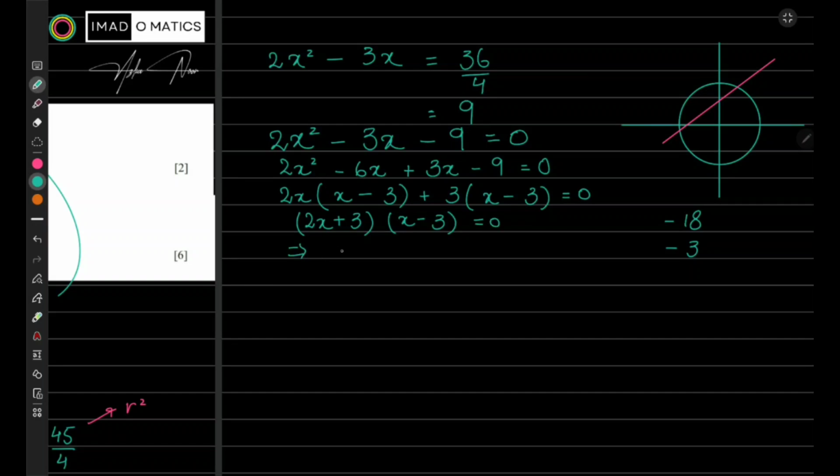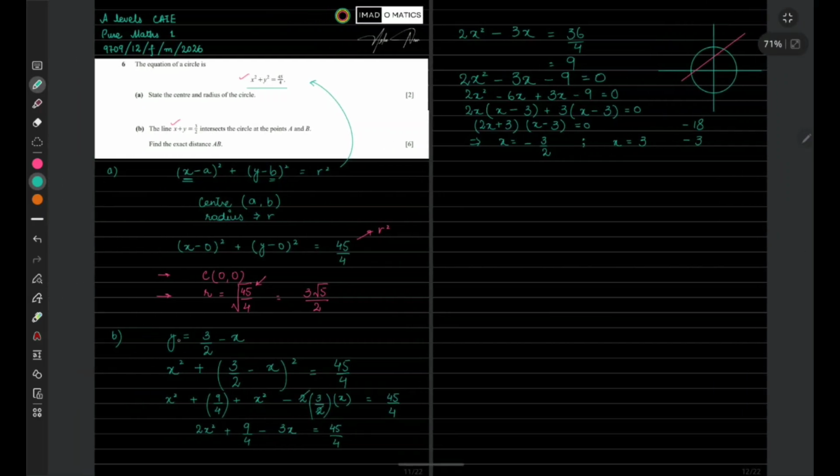This implies either x equals minus 3 by 2 or x equals 3. Now substituting this in the y equation, 3 over 2 minus x, to get the y coordinates of the points of intersection as well.